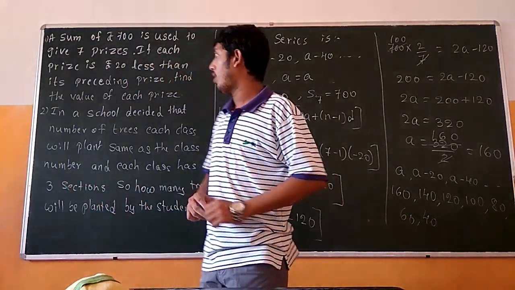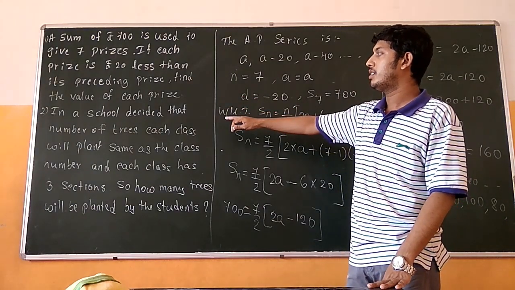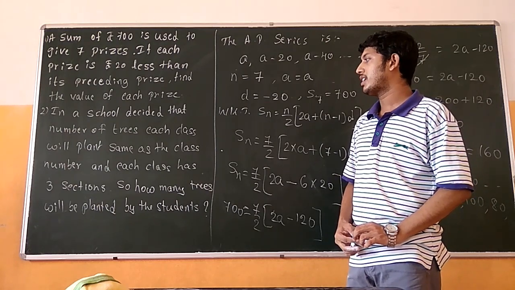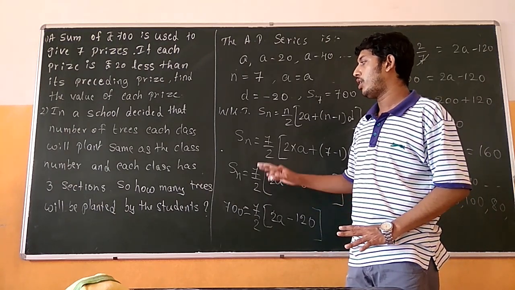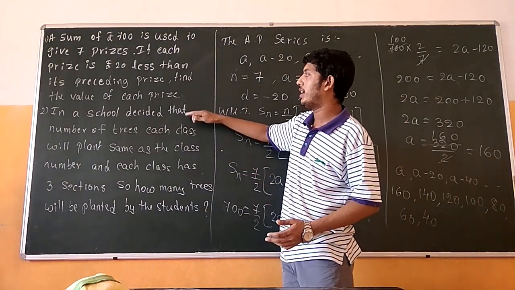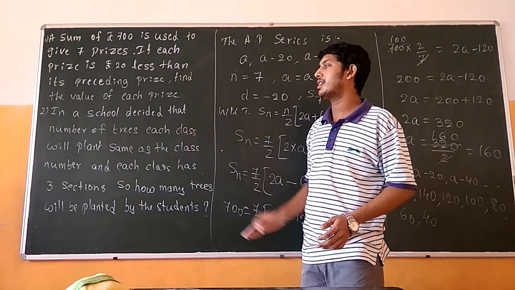Now similarly, we have another problem. A school decided that the number of trees each class will plant is the same as the class number, and each class has 3 sections. So how many trees will be planted by the students? I will take the first part. A school decided that the number of trees each class will plant is the same as the class number.